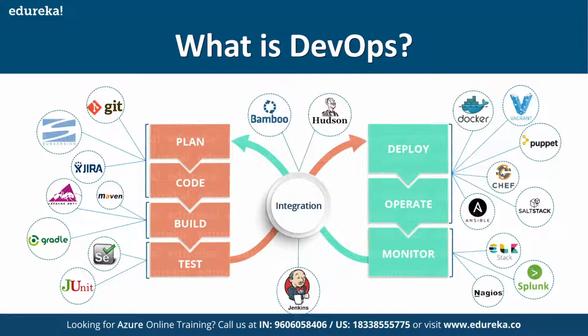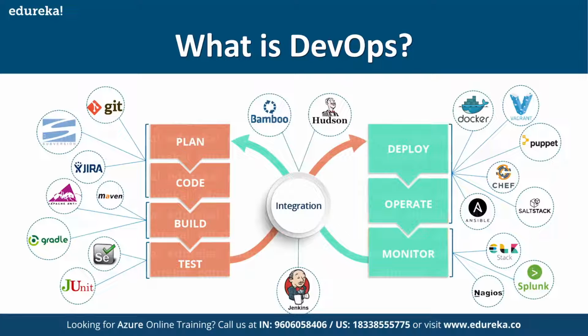So we have DevOps tools. There are a number of DevOps tools, some launched in 2020 as well. We have Slack, which was launched in 2013, one of the top communication tools used for effective collaboration. We also have Jenkins, Docker, Puppet, Chef, Splunk, Nagios, and Jira, Maven, and Git repos, which we can see in the integration part.